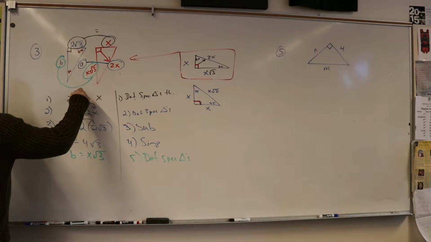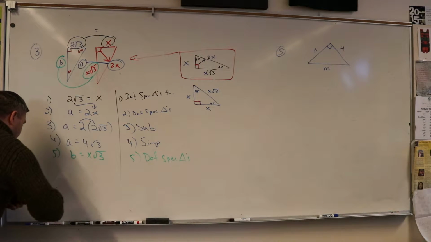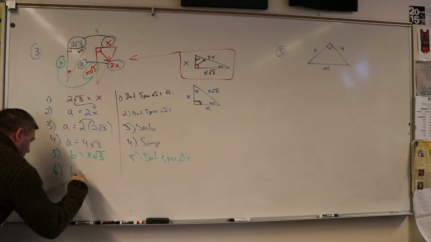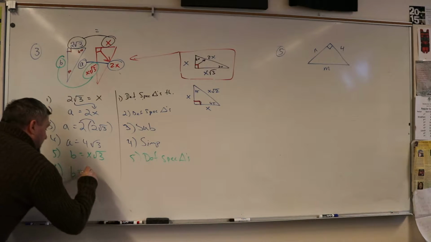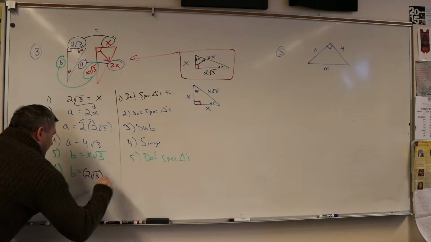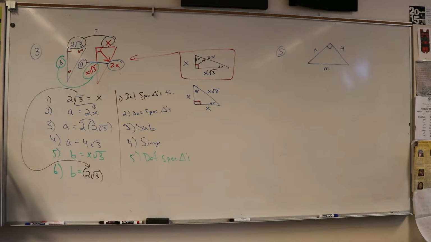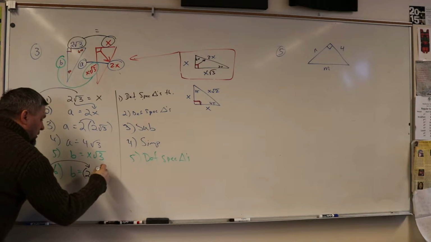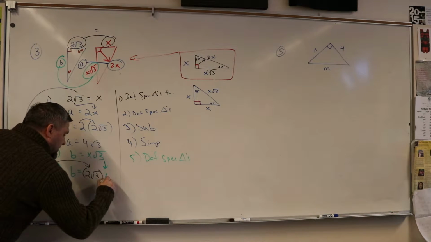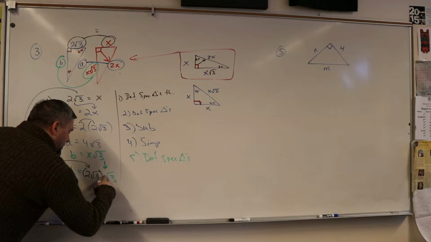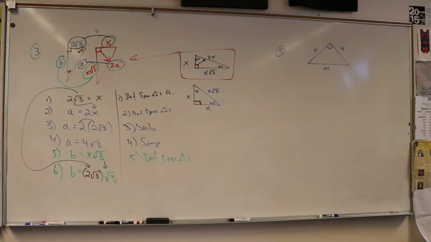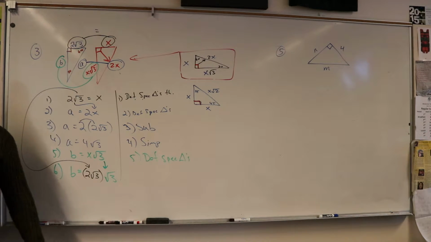2 square root 3. Yes. So x is 2 square root 3, right? Yeah. So that comes down and in. Correct. And this is just the square root of 3, right? Okay? So now we're saying 2 square roots of 3 times the square root of 3.